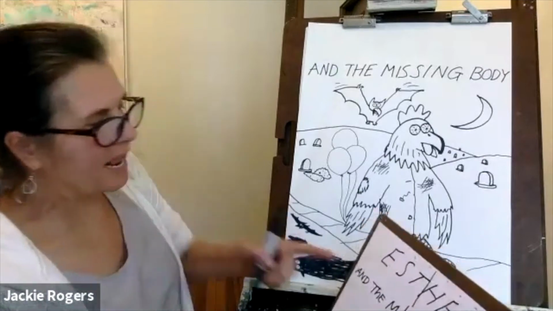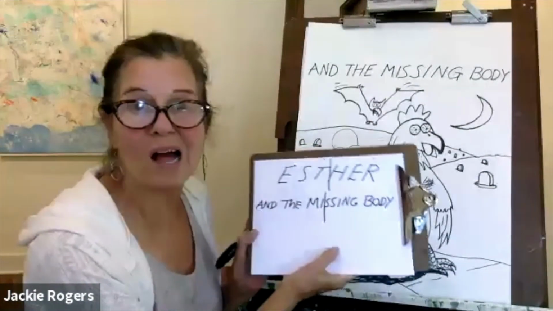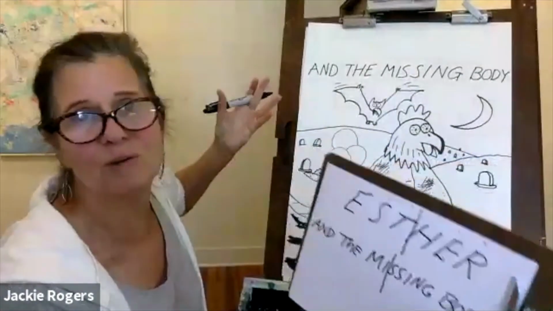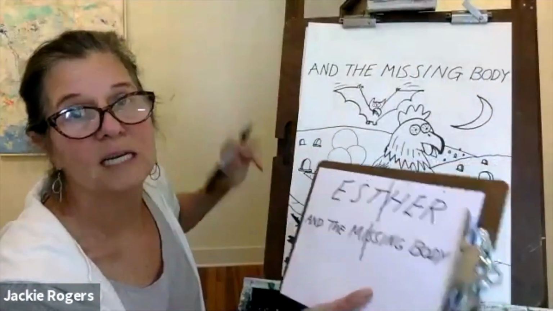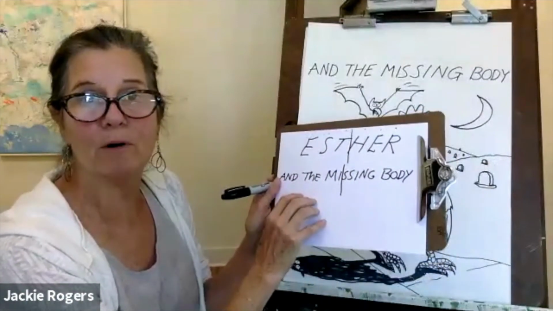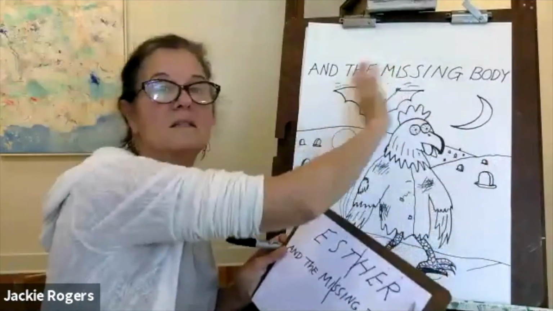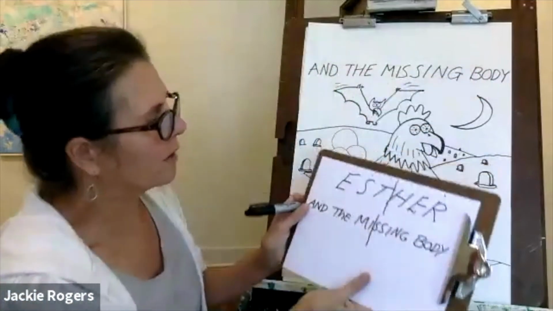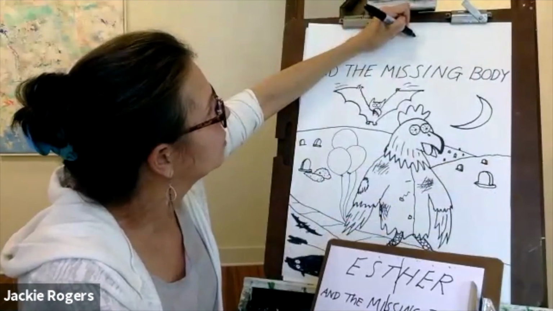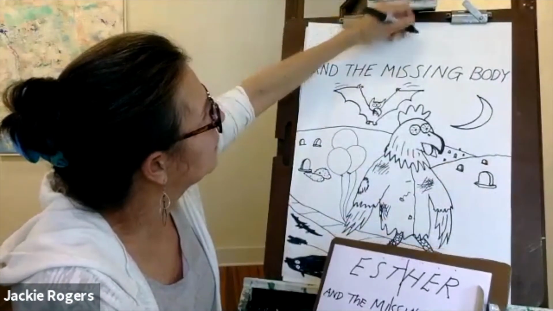Okay, now I know that Esther, we're gonna do Esther in block letters. So whatever name you wanna use, you can go ahead. And of course you can use whatever title you wanted to use too. It just helps to plan out your lettering on a separate piece of paper so you can figure out the middles and make everything fit. Okay, so H-E-R, I'm gonna do a big H. So this is about the middle, right?